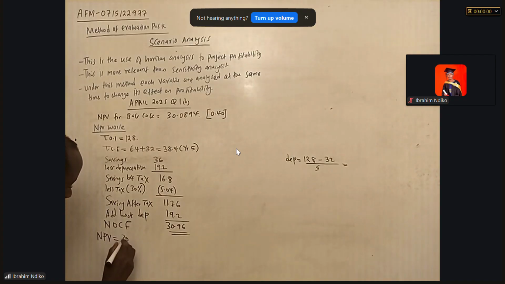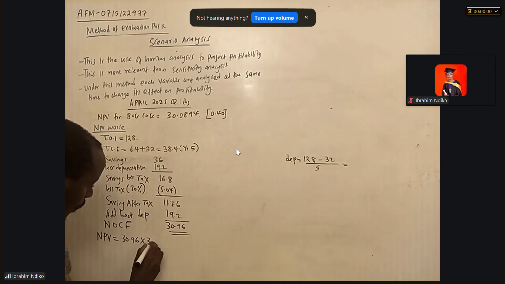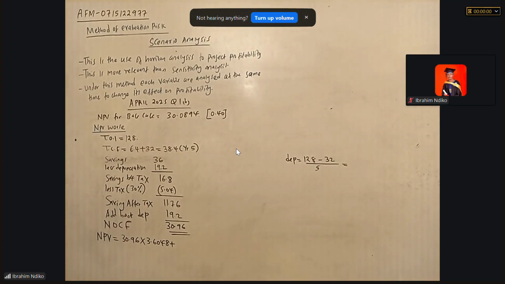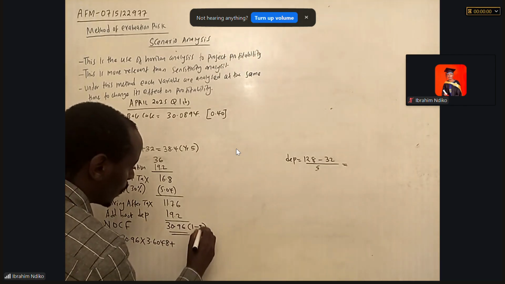It will be 30.96 times. What was the rate? The rate was 12%. So here we look at the annuity, because it is from year 1 to 5.